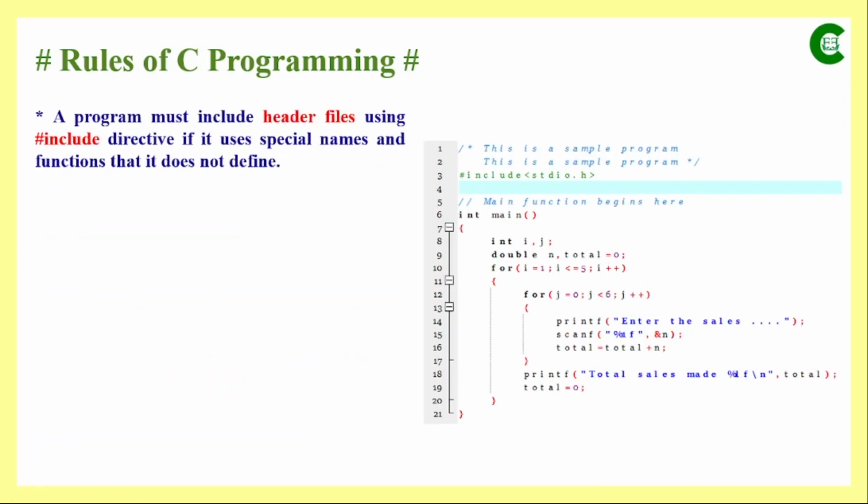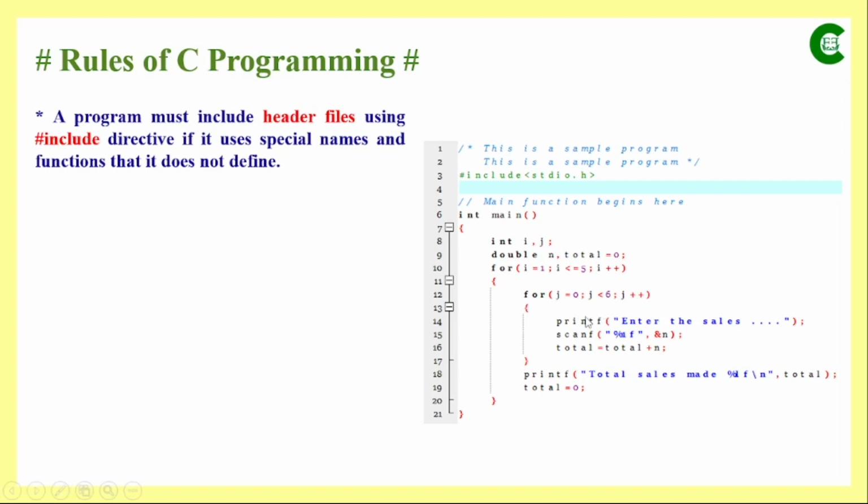Then the next rule: a program must include header files using the hash include preprocessor directive, if it uses special names and functions that it does not define. About the header file, we already know that before the main function we use the header file names. That is specially for the library functions or inbuilt functions that we will be using in our main program.